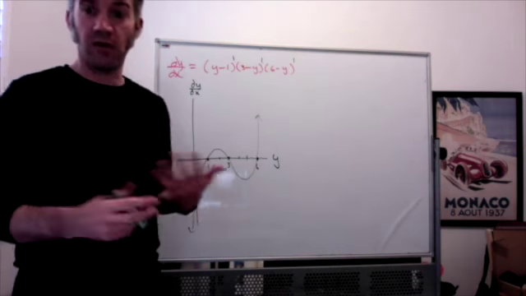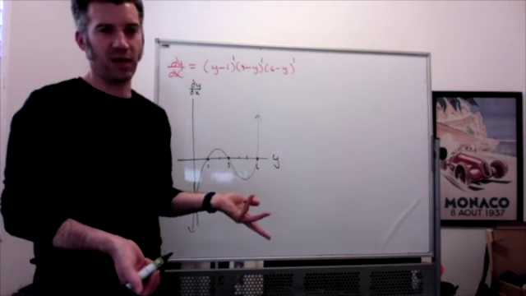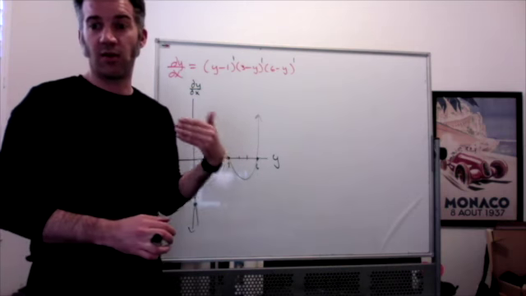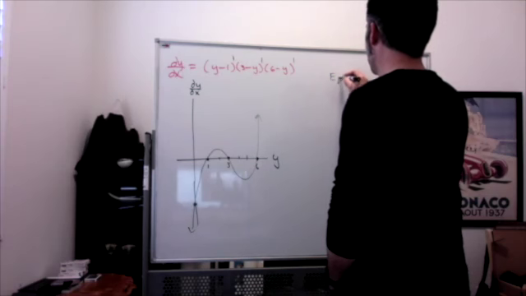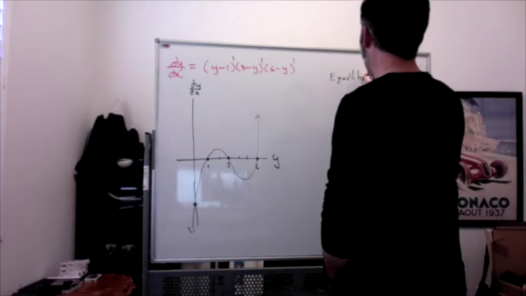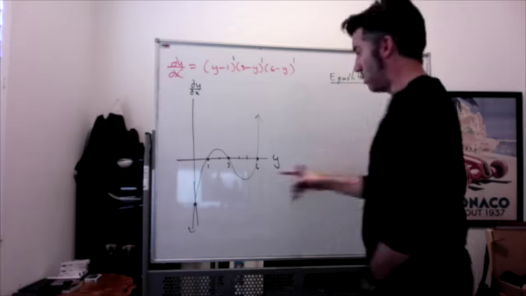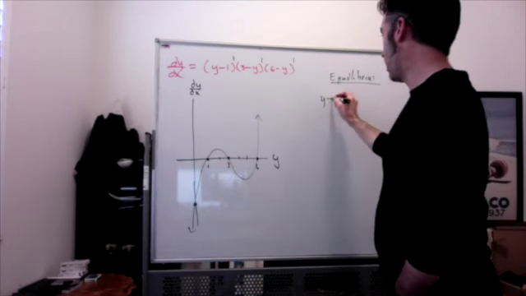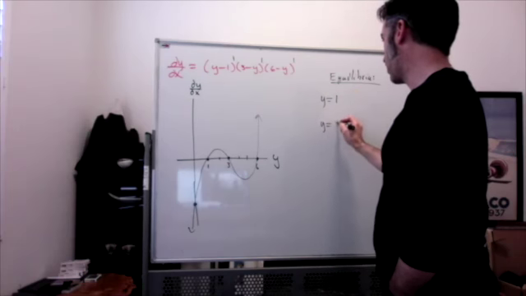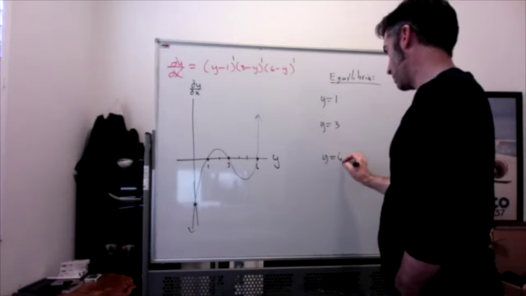Part 2, find all the equilibria, which we kind of already did, although we didn't say it, and tell me whether they're stable or unstable. The equilibria are just the intercepts on the horizontal axis. So the equilibria here are y equal to 1, y equal to 3, and y equal to 6.